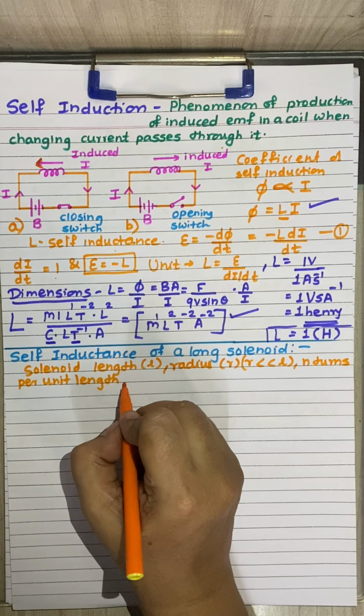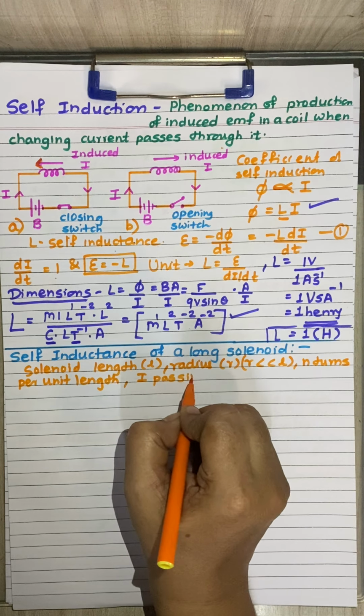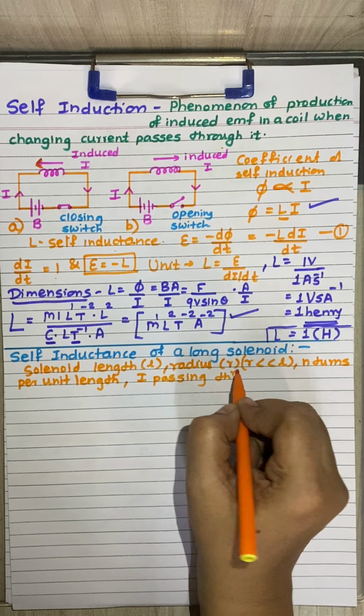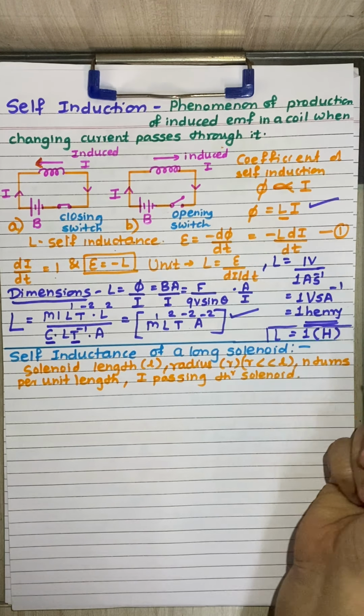Now current I is passing through the solenoid, that is a coil.